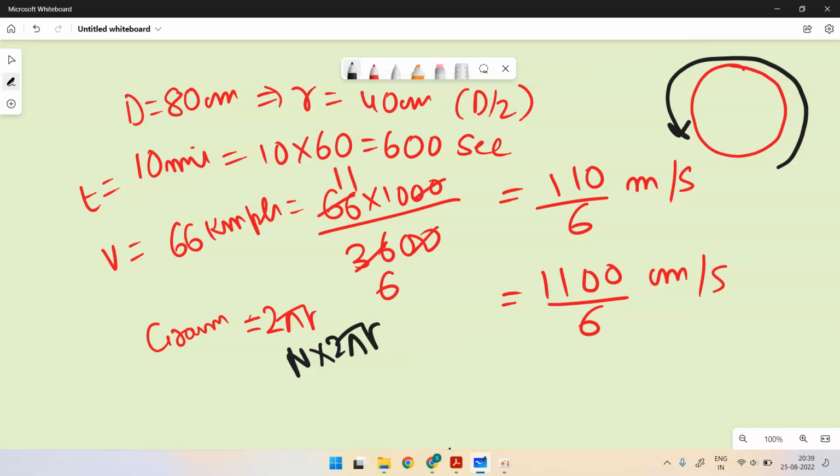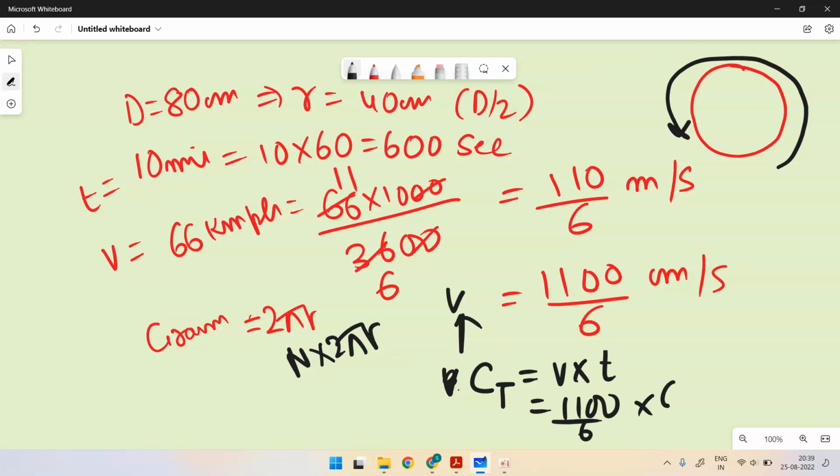So the total distance it has traveled using this velocity is v into t, nothing but 1100 by 6 into 600, which is nothing but 110000 by 6 centimeter.